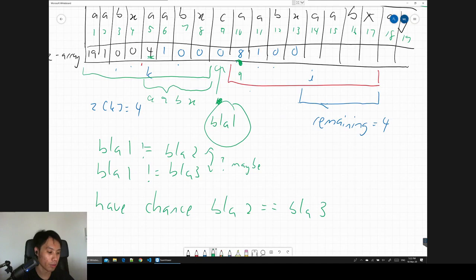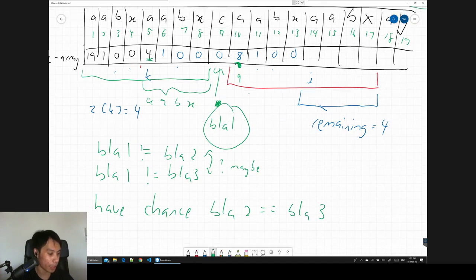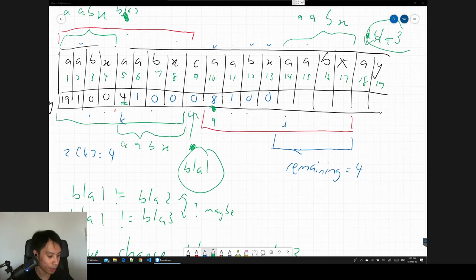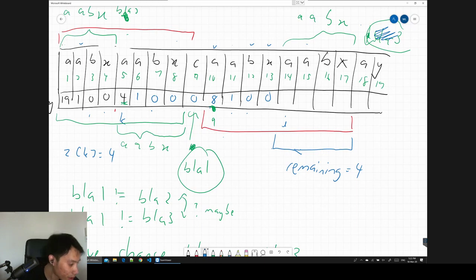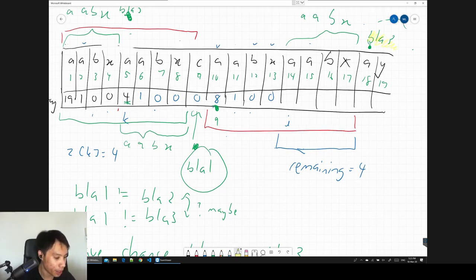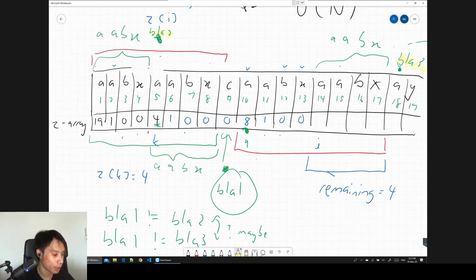Okay, so because of this observation, what happens if blah 3 is the same as blah 2? If blah 3 is the same as blah 2, it means I may have a new Z box, right?